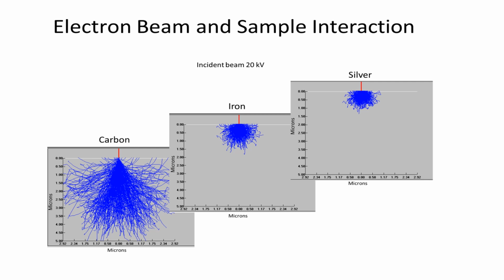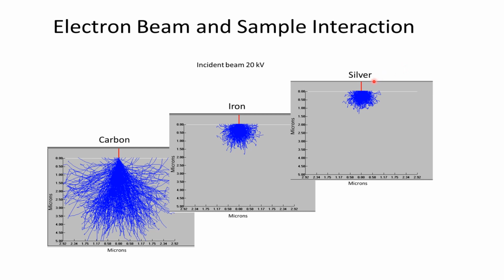Now the electron beam and sample interaction. Here we can see carbon, iron, and silver. When we compare these three elements, silver has a higher atomic number as compared to iron, which has a higher atomic number as compared to carbon.